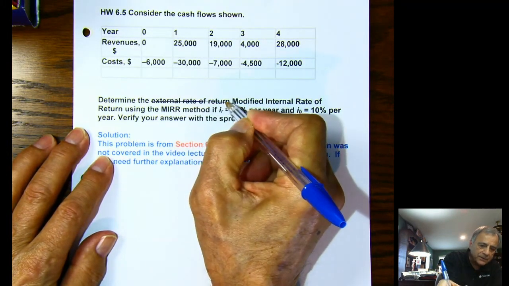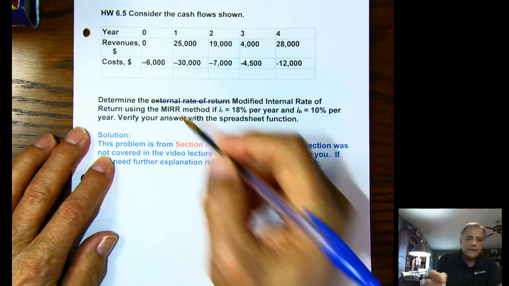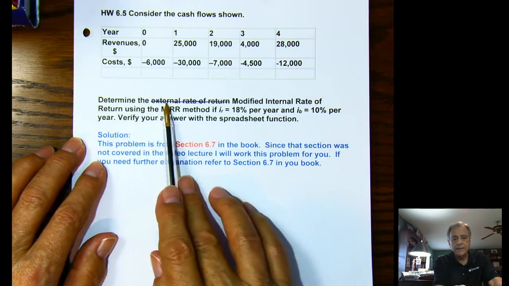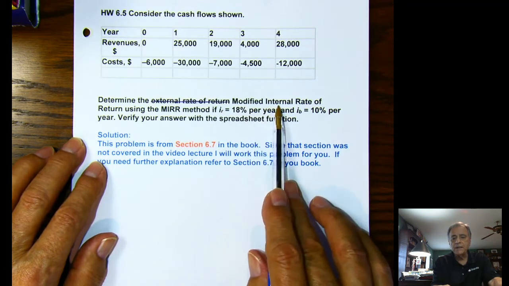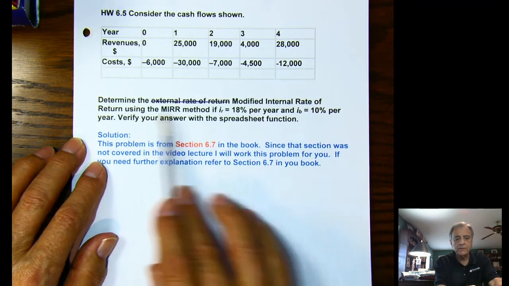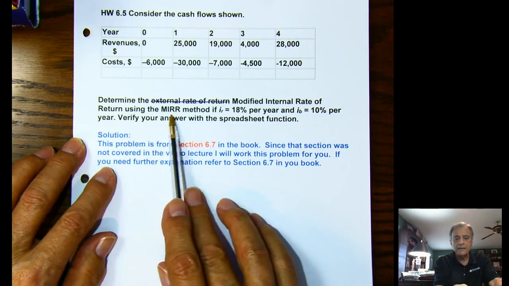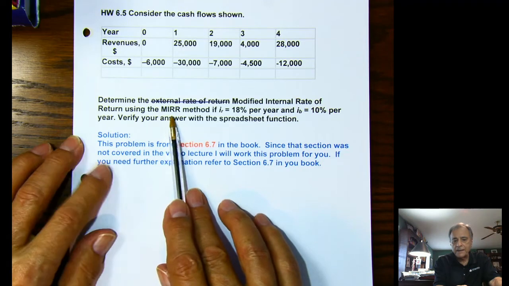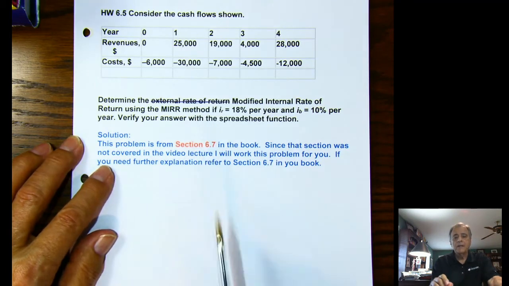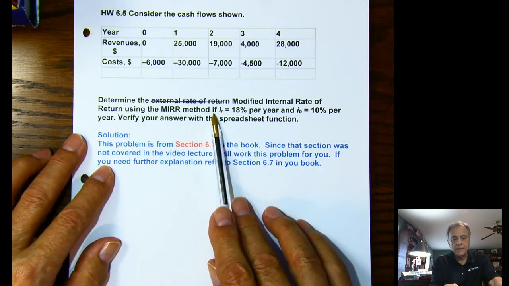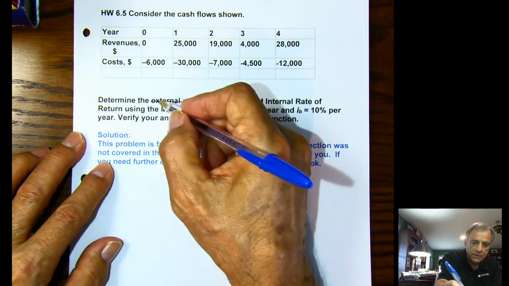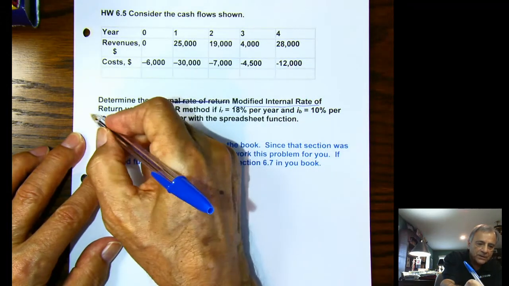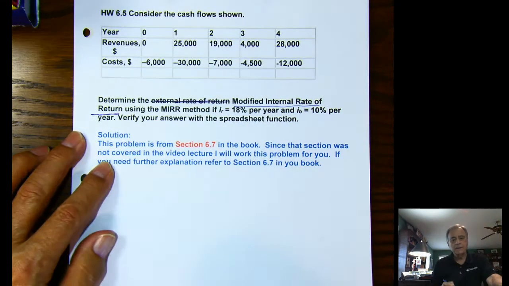He called this external rate of return. And it's not really. I said determine not the external rate of return, but the modified internal rate of return using the MIR method. Okay. Modified internal rate of return method. And then the author goes on to say, so this I crossed out, this I added to the question that I got, okay?